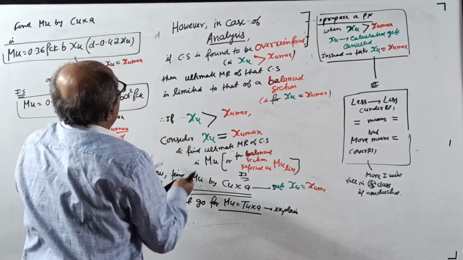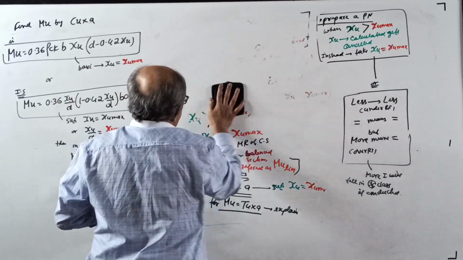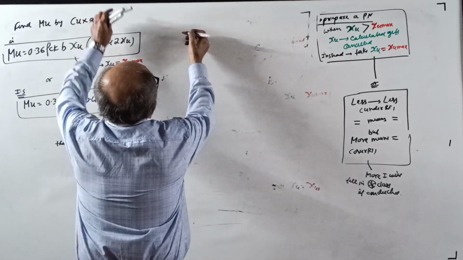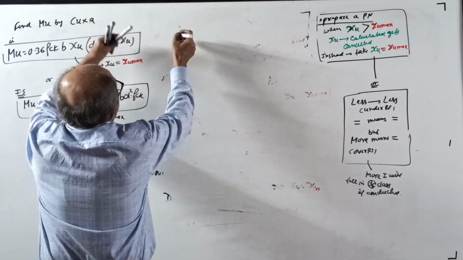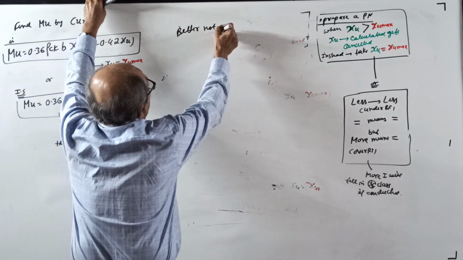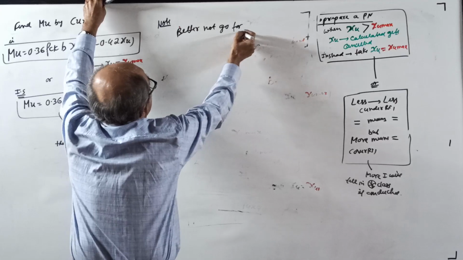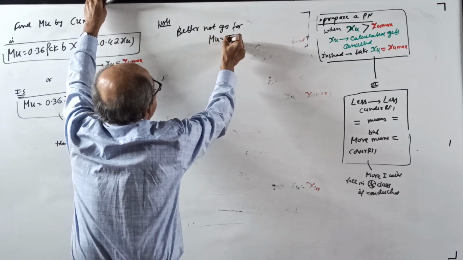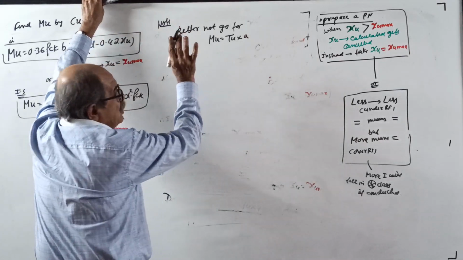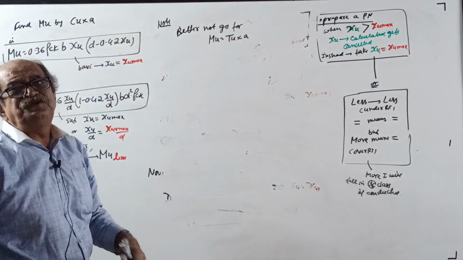Now, I will write something here. Then I terminate. Next class I will give an example. Danger. Better not go for MU equal to TU into A. Better not go, use CU into A. Under reinforced you can use anything.